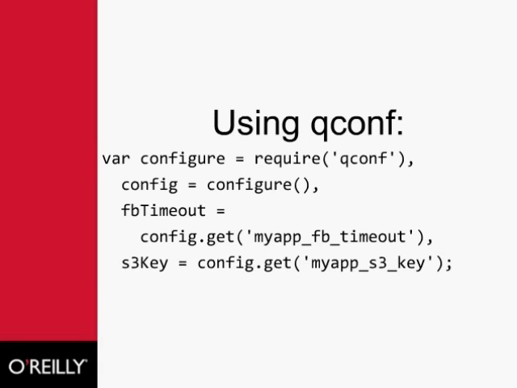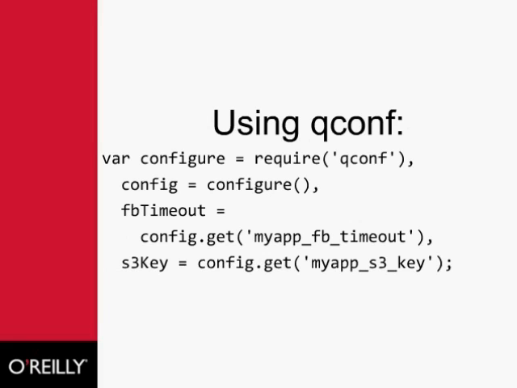Then to use qconf, you just need to require it. Make sure it's in your package.json. I assume you did npm install --save already. So make sure you require it, and then you'll need to run it. It exports a function that you need to run, and that function reads your configuration file. It reads your environment variables.